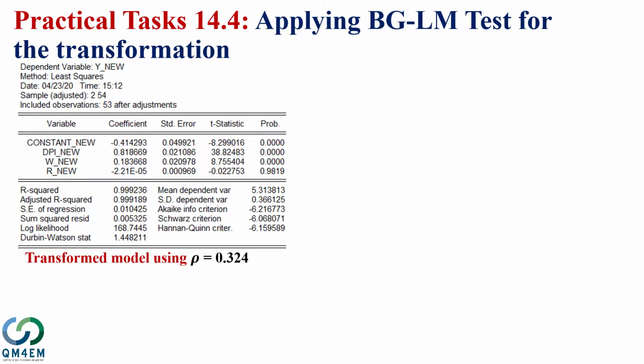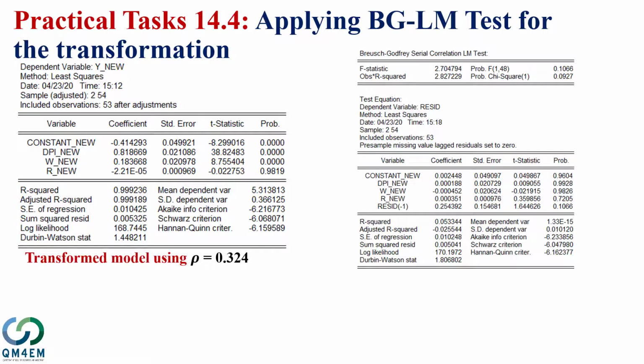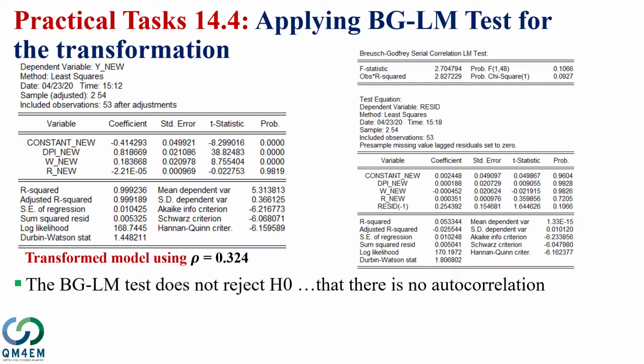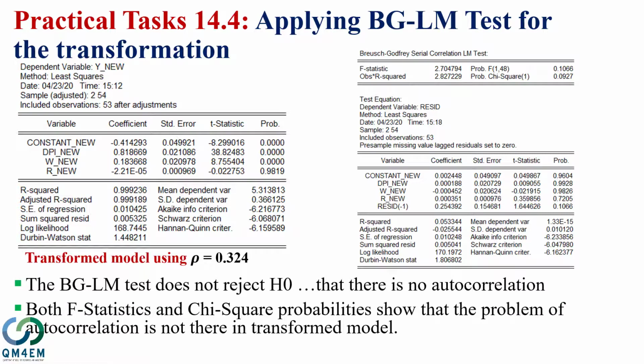This is the original model, the transformed model using the rho value 0.324, and this is the BG test result. Both the F statistic and the chi-square statistic are statistically not significant, showing that there is no problem of autocorrelation in our transformed model.